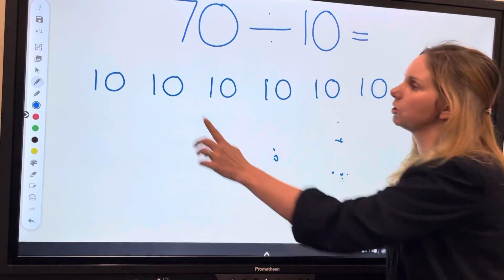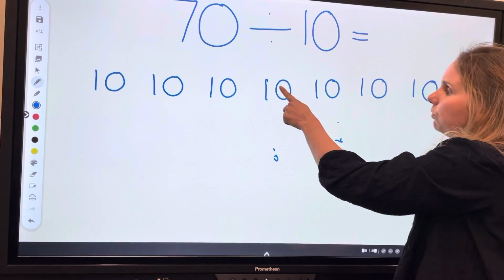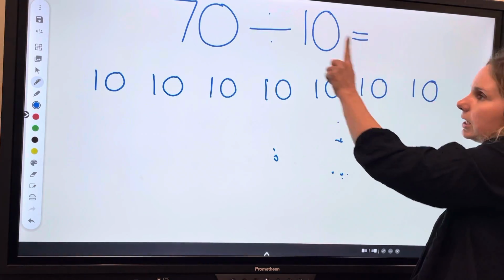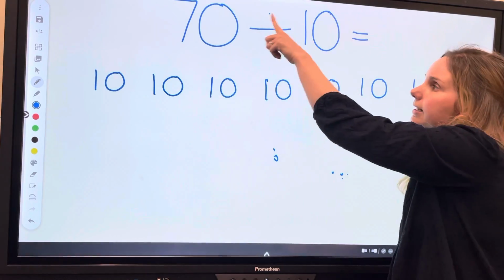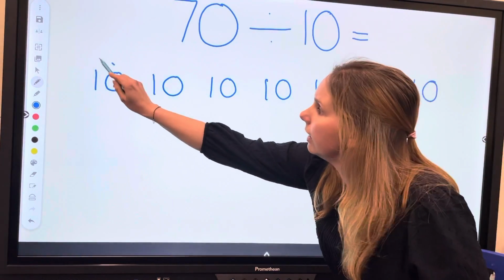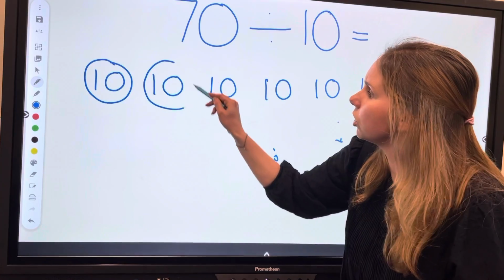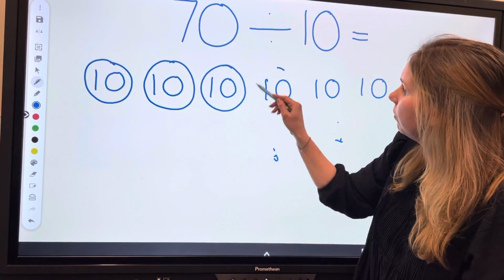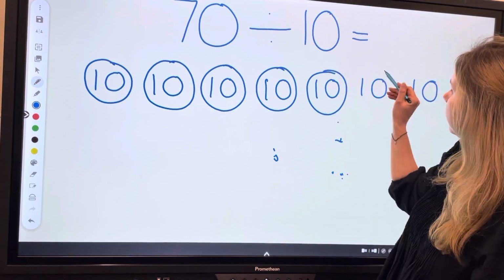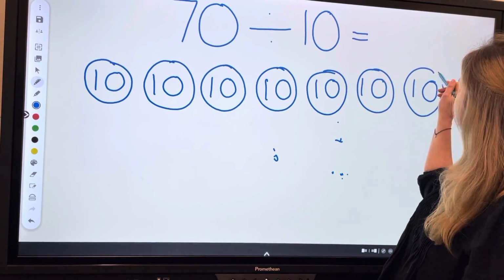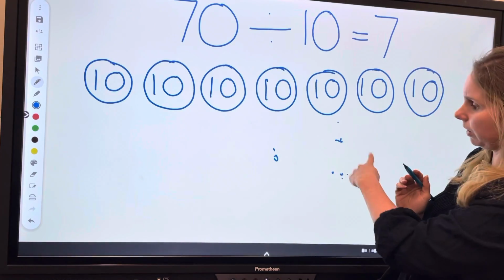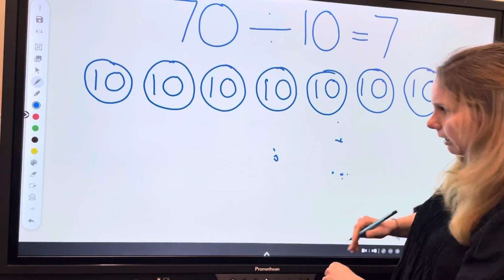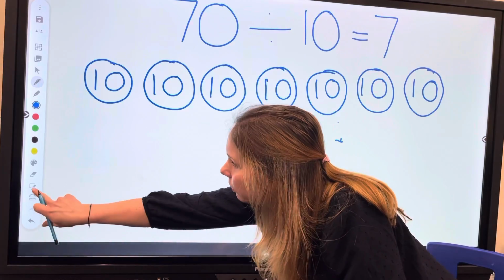I'm going to double check. 10, 20, 30, 40, 50, 60, 70. I've counted in tens. I've shared into tens the number 70, and I've got 1, 2, 3, 4, 5, 6, 7 groups of 10. Looks like I've also given the board a bad case of chicken pox down here, dearie me. Right, let's have a look at another one.